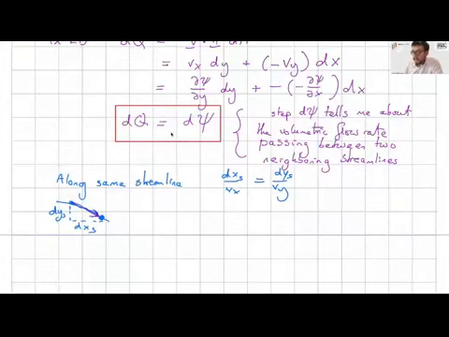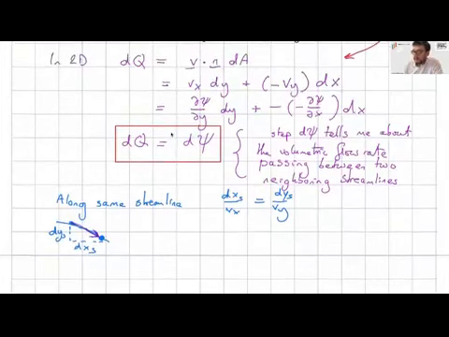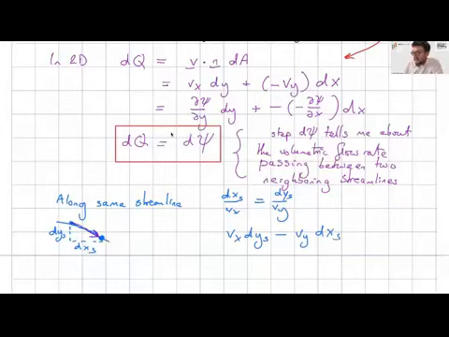So if I just rearrange this and compare it with the expression that I have above right here, you can see that I can rewrite this expression as Vx times dys minus Vy times dxs, which is this term and this term. And if they were equal to each other, then this will be equal to dq, which is equal to 0.